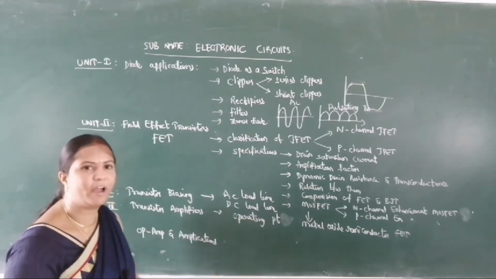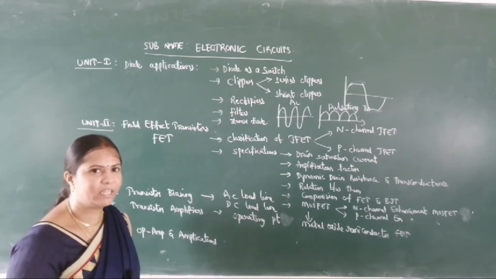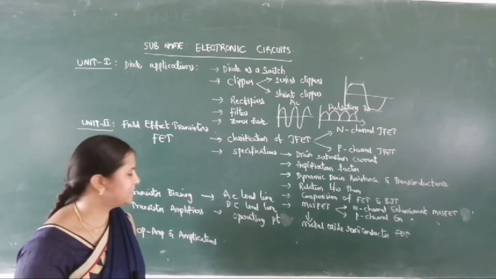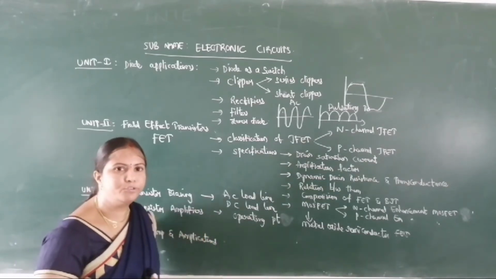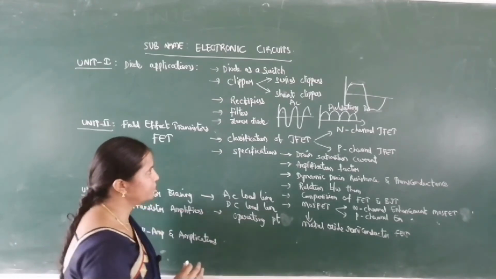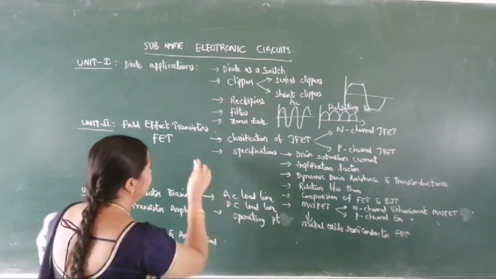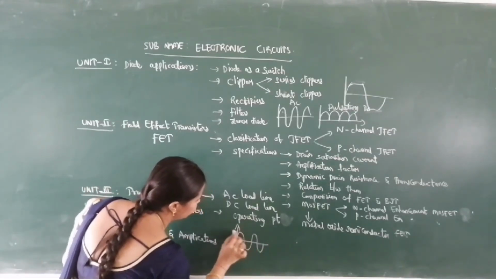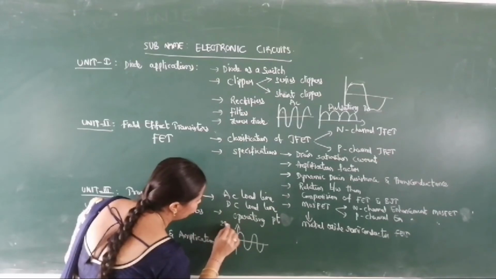So what is the meaning of amplifiers? An amplifier is nothing but it is used to increase the strength of a weak signal. Suppose for example you are giving the input signal voltage of 24 millivolts.